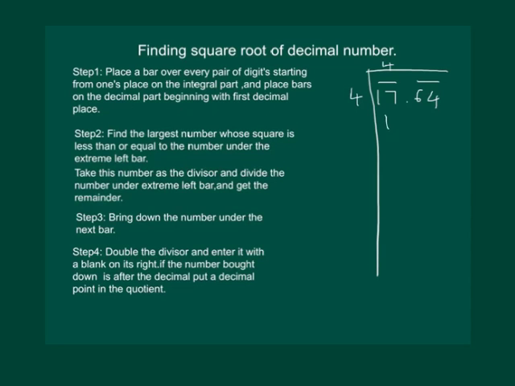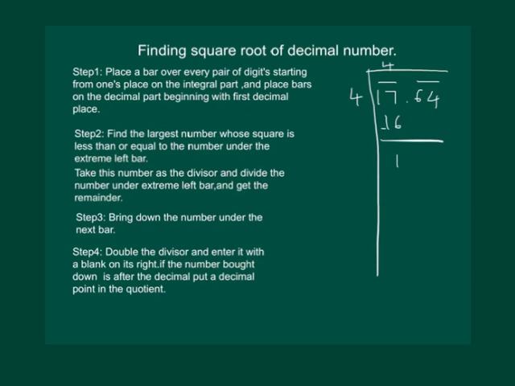So we take 4 4s are 16. Further it says that take this number as the divisor and divide the number under extreme left bar and get the remainder. So we are getting the remainder 1.